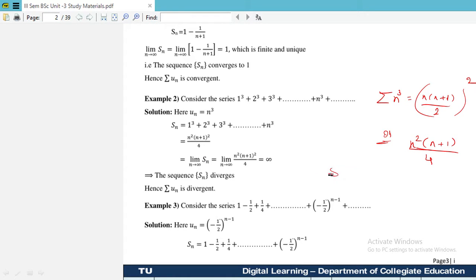Sequence of partial sums, limit n tends to infinity of Sn is equal to limit n tends to infinity of n square into n plus 1 whole square divided by 4.